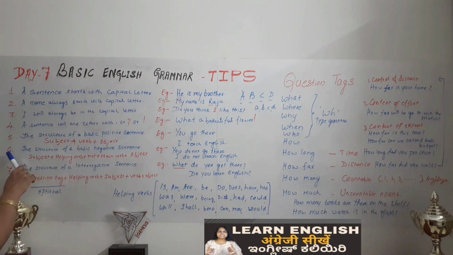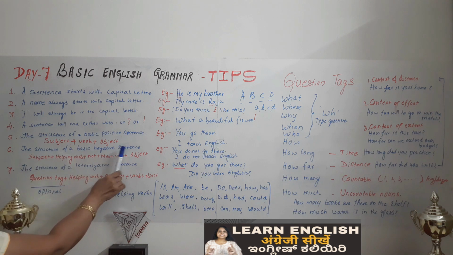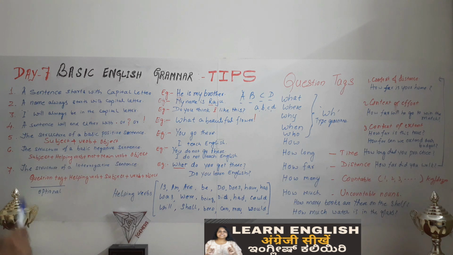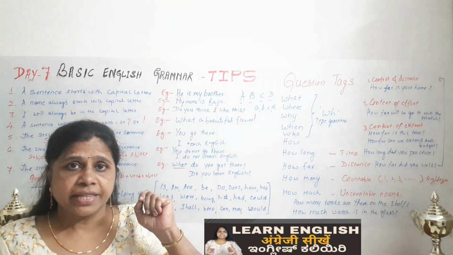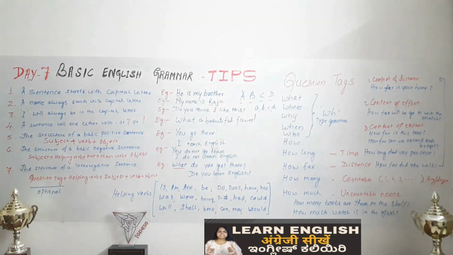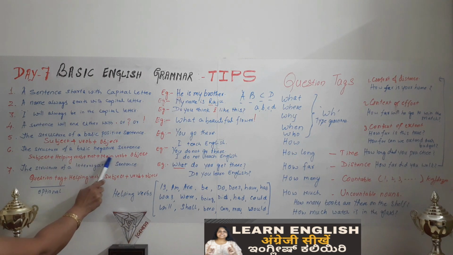Then tip number 6 is the structure of a basic negative sentence. How is the structure of a basic negative sentence? Negative means not. Subject is there, then helping verb plus not, because negative means not, plus main verb, that is verb and object.